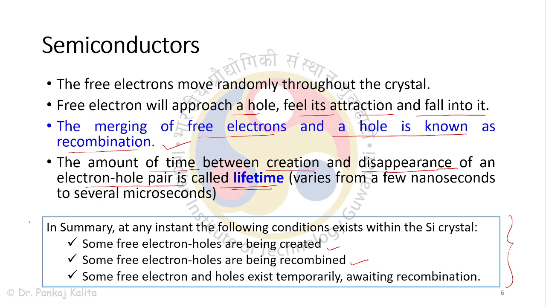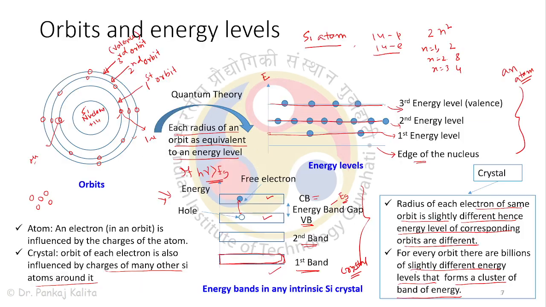At any instant, there are three conditions coexisting. There is always some electron hole pair creation, there is always some electron hole pair recombination, and there are always some free electrons and holes existing temporarily, awaiting recombination. This slide basically develops the understanding of PV cells.